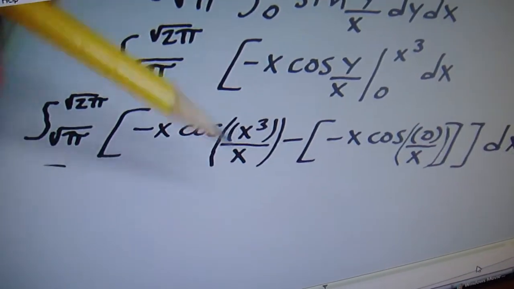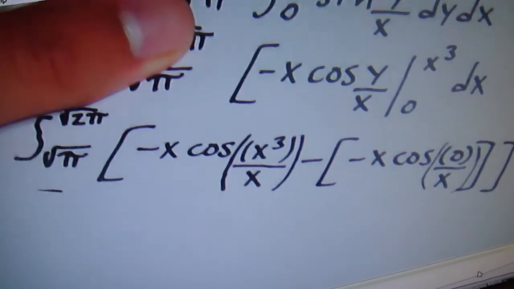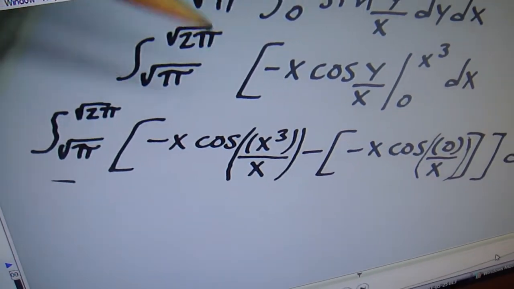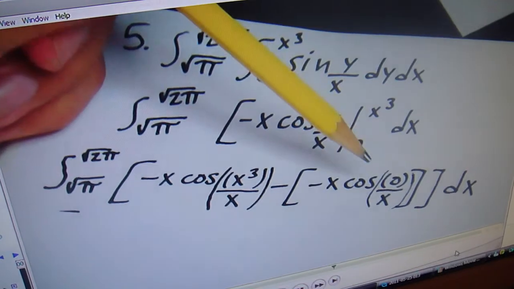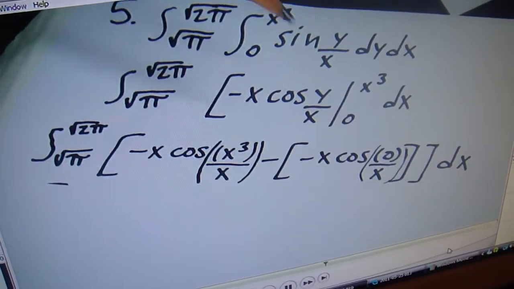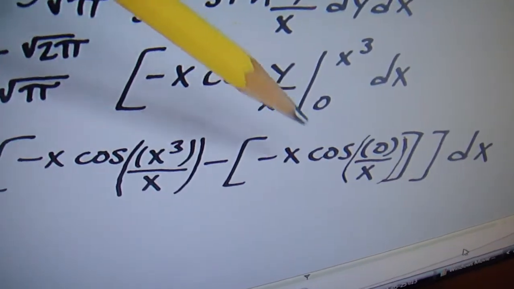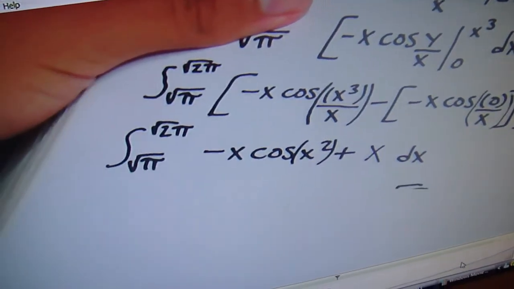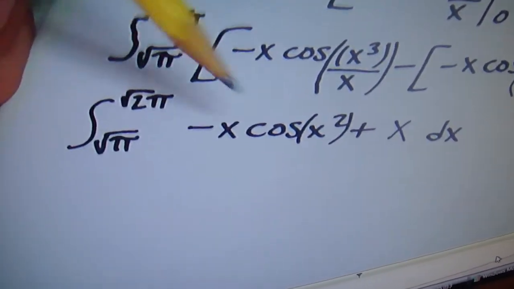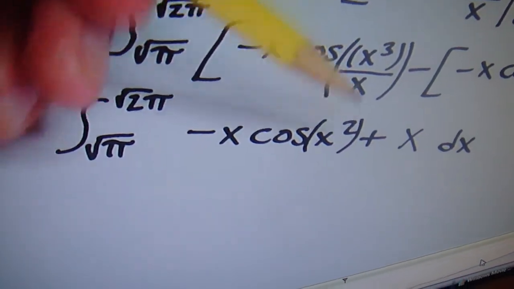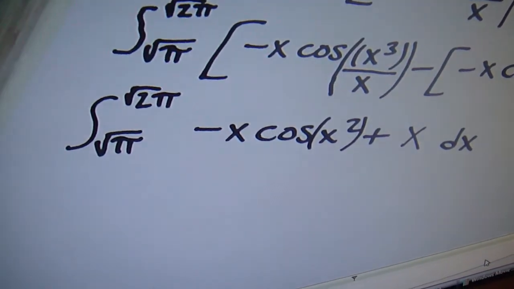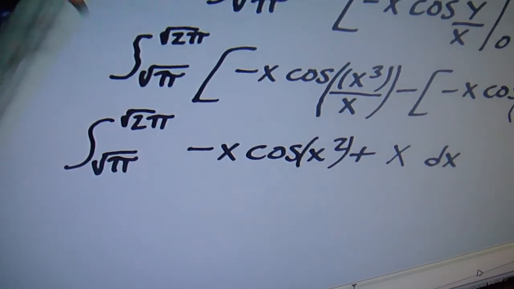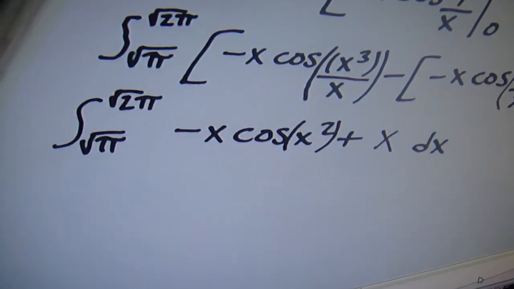So you do as always, you plug in the values corresponding to it. Now, what I told you before is to do the zeros, because this time that whole thing equals x. So what you get is negative x cosine x squared plus x, and all that integrated from square root pi to square root 2 pi.